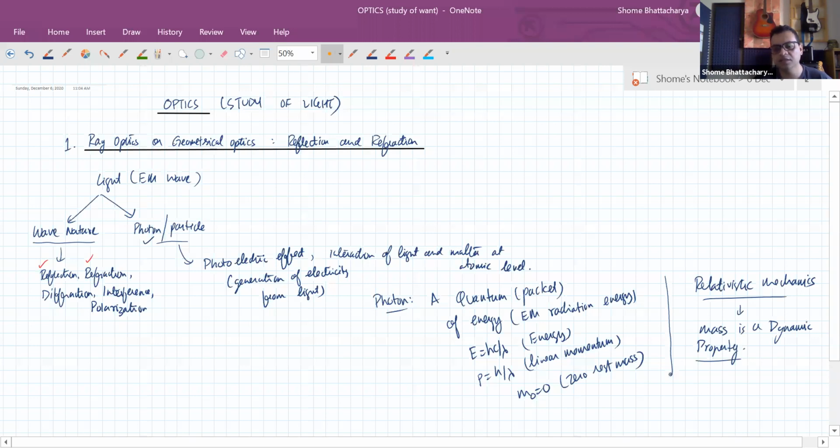In classical mechanics, the mass or inertia of a body is independent of its motion. But in relativistic mechanics, which is basically the mechanics of particles moving at very high speed, we understand that mass varies with velocity. So you might have seen this famous equation, part of Einstein's relativistic theory. It gives you the formula of what is called dynamic mass.